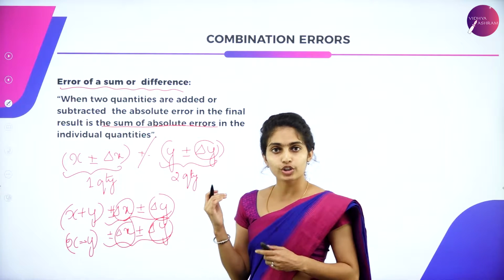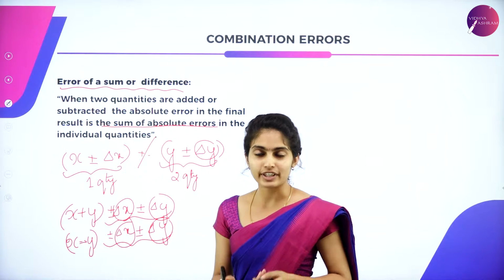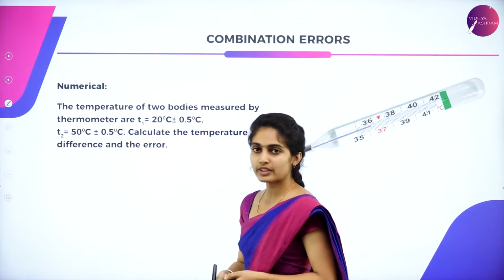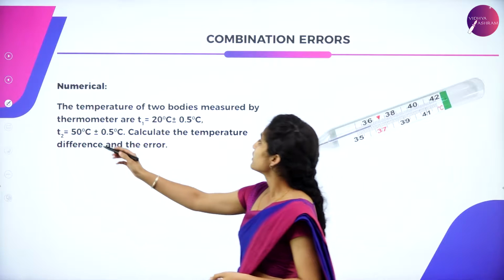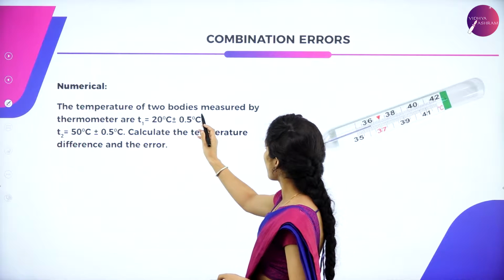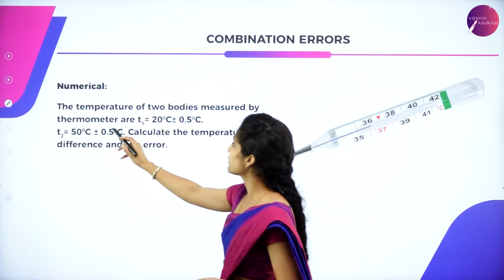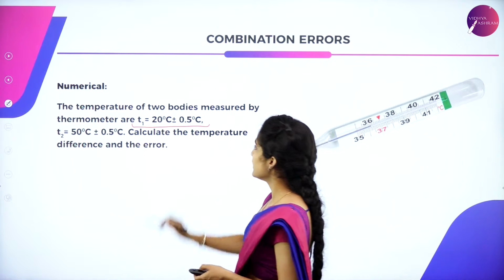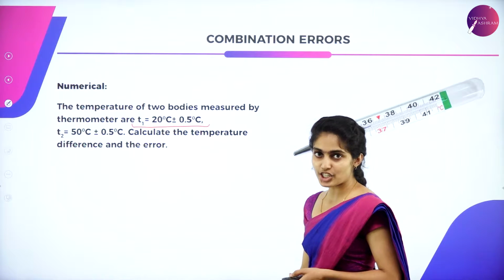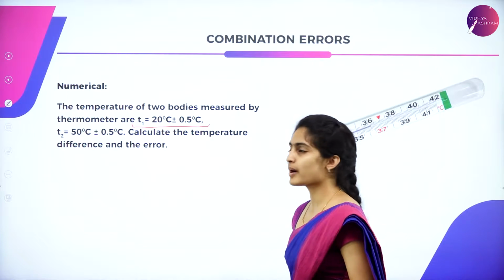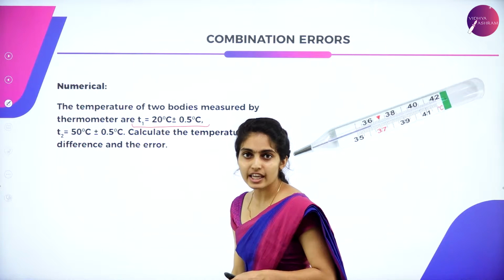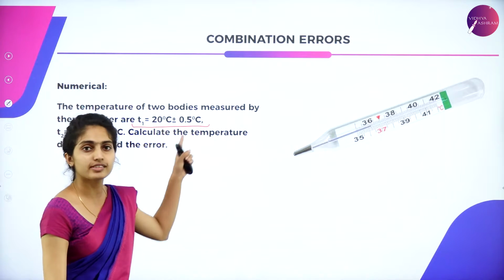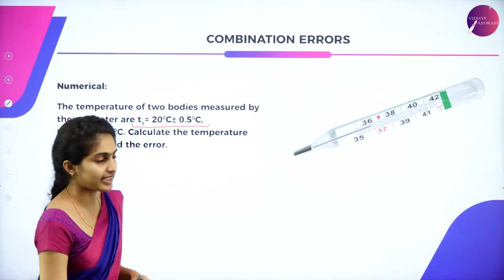So in order to understand this in a better way, I am solving an example numerical here. The temperature of two bodies measured by a thermometer are T1 is 20 degrees Celsius plus or minus 0.5 degree Celsius, so my absolute error is 0.5 degree Celsius.